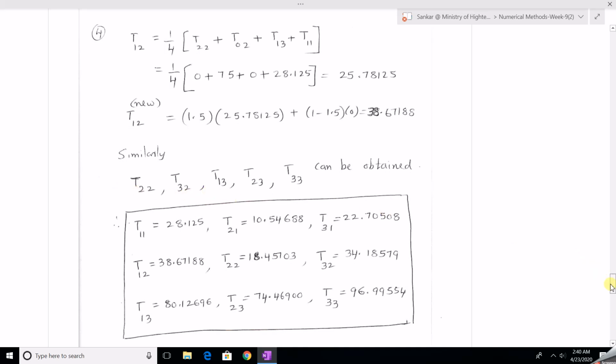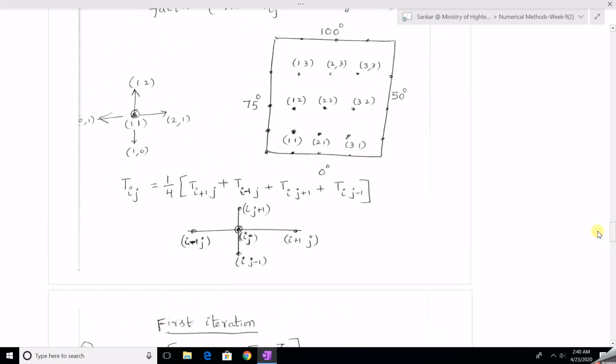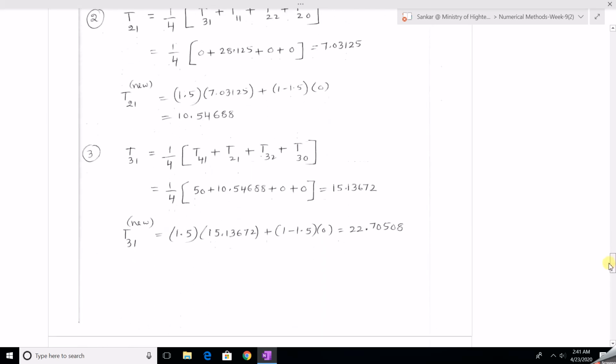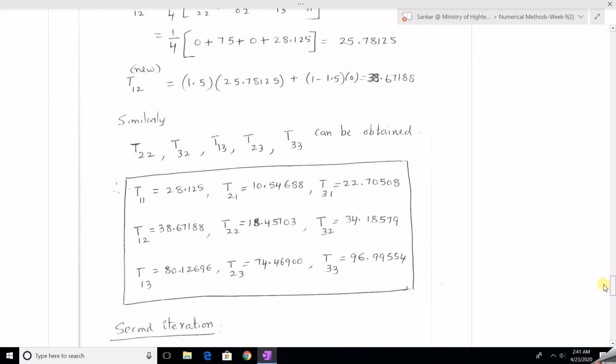So if you look at the plate, I found up to here, T11, T21, T31 and T12. Similarly you can find the temperatures at 22, 32, 13, 23 and 33. So all these are the points inside. I have given the values of the temperatures after applying the over relaxation.